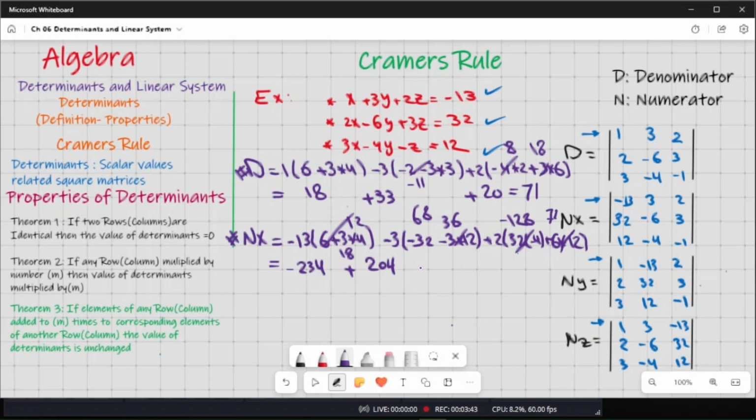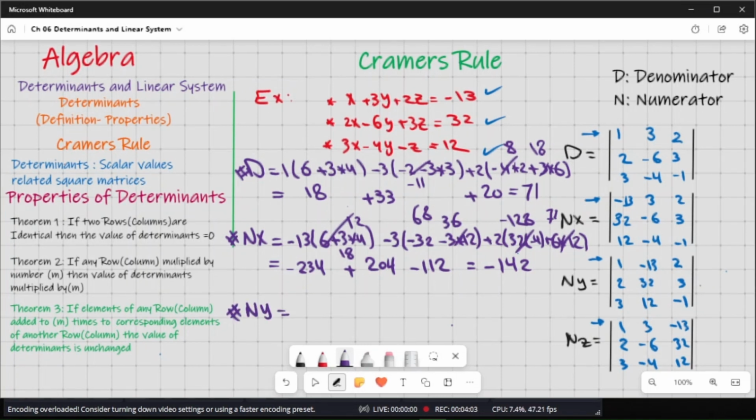So we have here minus 112. So this summation will be equal to negative 142.